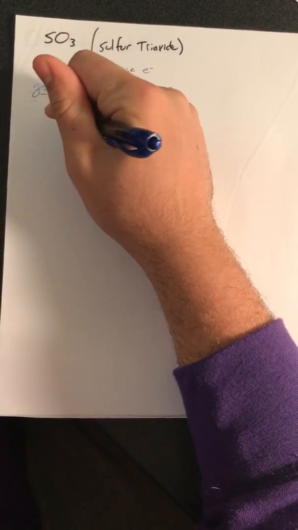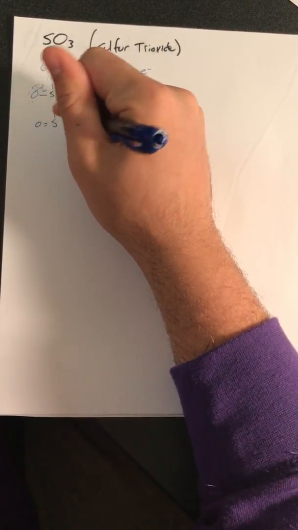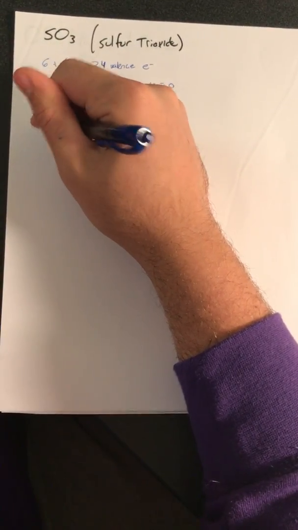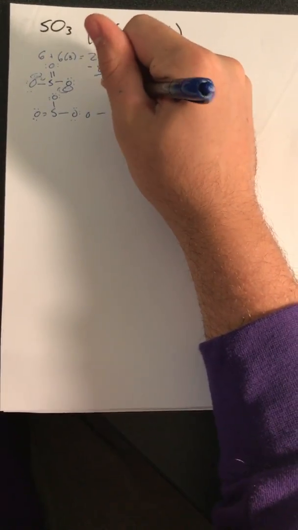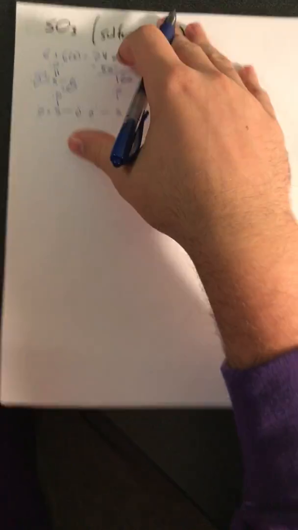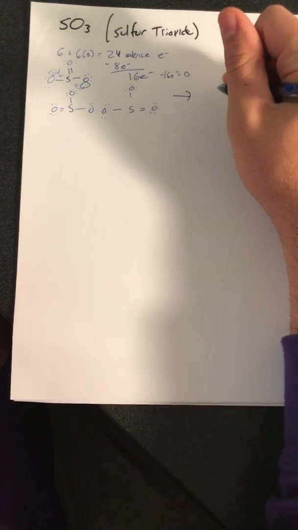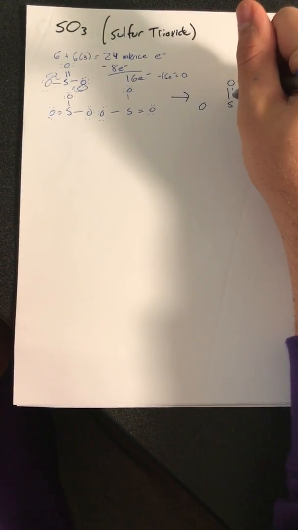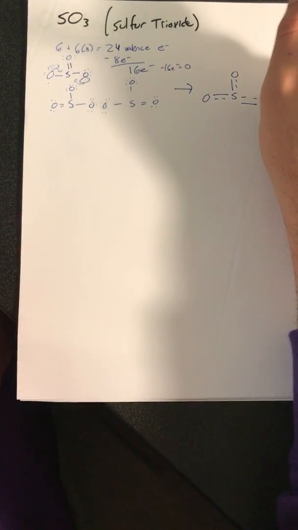So that means you could have a different Lewis structure where it would look something like this, or that. So the final Lewis structure, the resonance hybrid Lewis structure, is going to look like this.